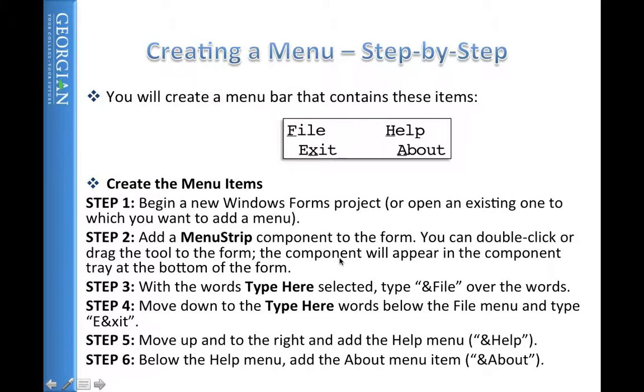So again, in your PowerPoint presentation or the PDF that I've put up online, there's a step-by-step that covers what I just did. You can look at the video as well as going through this step-by-step.